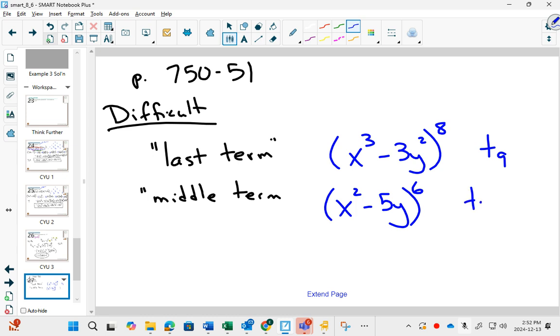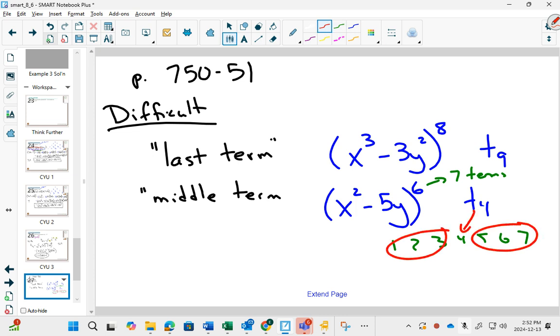Okay, this is a little bit trickier, because often people will just take 6 and cut it in half and say term 3. That's a mistake. Because if it's to the 6, does it make sense that there are 7 terms? And if you write out the numbers 1, 2, 3, 4, 5, 6, and 7, does it make sense that I group 3 here, group 3, this is the middle one?